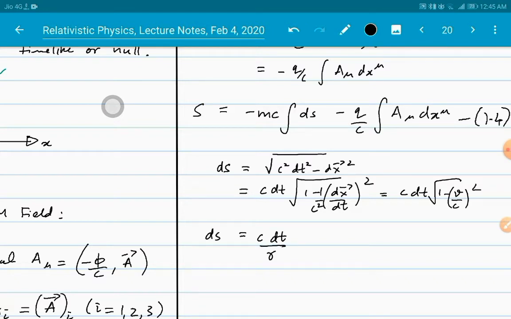So this is equal to ds, and dx mu is just the infinitesimal displacement along the path of the world line. So that is just going to be equal to c dt and then dx dy dz.